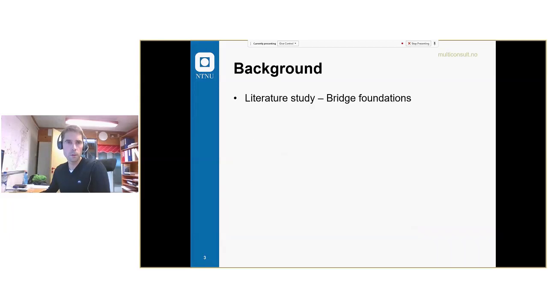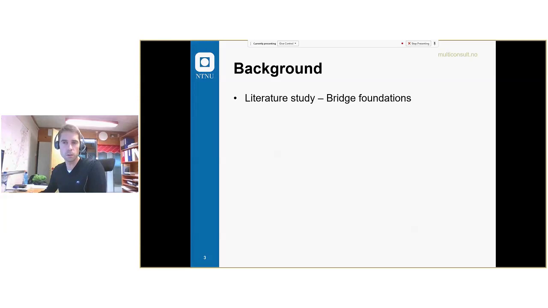So, first on the background on bridge foundations at large water depths. When I started this study, I did have a good basis for offshore geotechnics, but I did not know too much about bridges and bridge design.